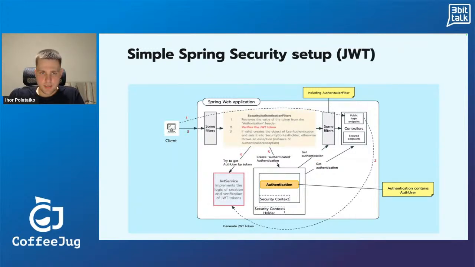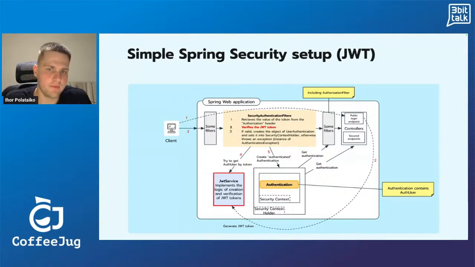For the JWT case, the step is pretty much the same. The only difference is how you verify the validity of the token. In this case, you are not checking the token in the cache. You are using a verification algorithm for the token. So you basically verify the signature of the token.